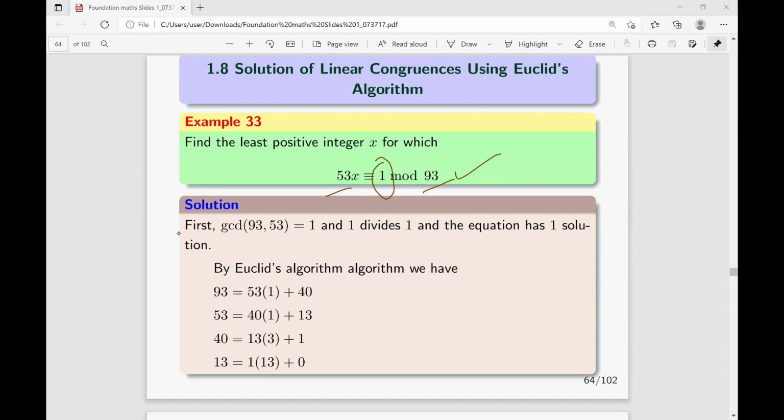It means the GCD, in fact, is the same thing we were doing earlier. What we were doing earlier was writing 1, the GCD, in terms of 93y plus 53x. So we want to write this equation in this form.